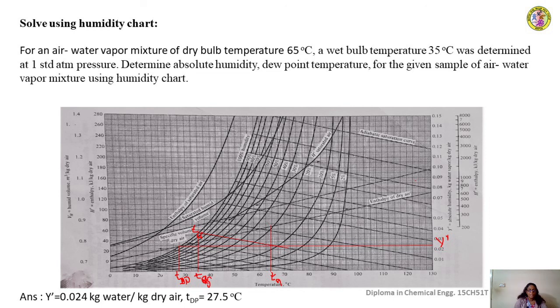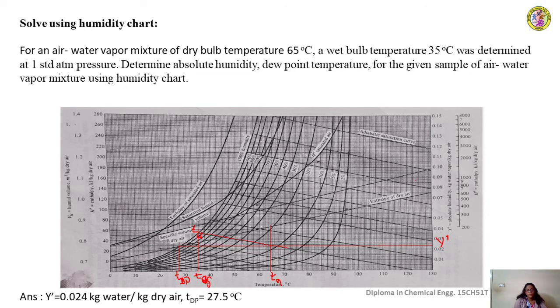So mark this value on the x-axis at 35 degrees centigrade. From that point, draw a straight vertical line. The two lines will meet at a point that corresponds to the wet bulb temperature TW.